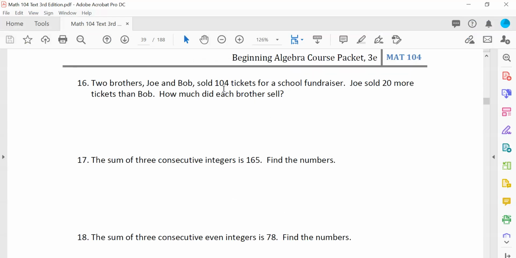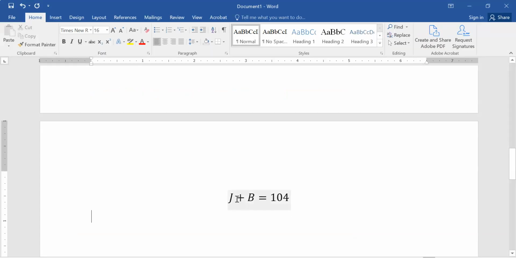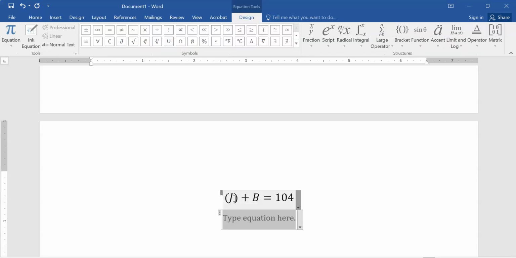Total of 104 tickets for a school fundraiser. Joe sold 20 more tickets than Bob. So Joe, that's the one I'm going to put in parentheses because it's written that way. Now, 20 more tickets than Bob would be B plus 20.